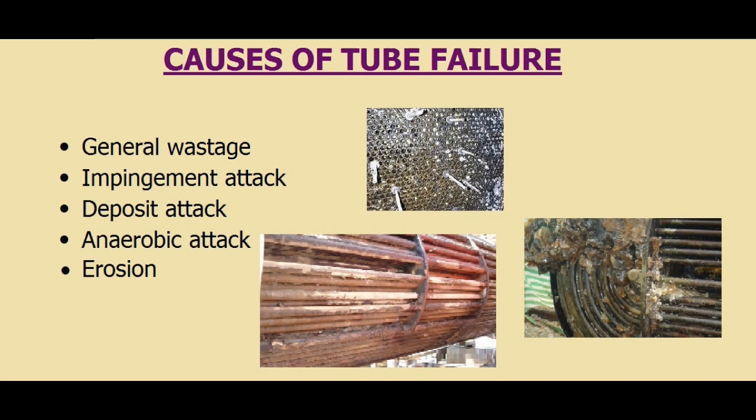Deposit attack: the metal under the deposit becomes anodic to the surrounding area and starts to corrode. Anaerobic attack: bacteria react with tube material causing local attack leading to pitting or tube perforation. Erosion: due to abrasive solids such as sand, or air bubbles in the coolant.